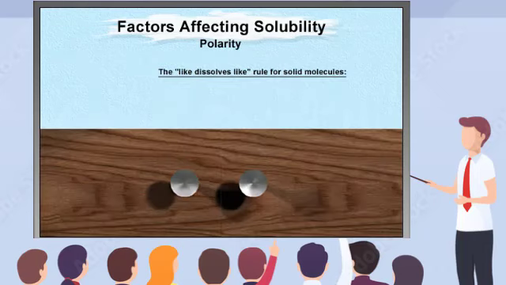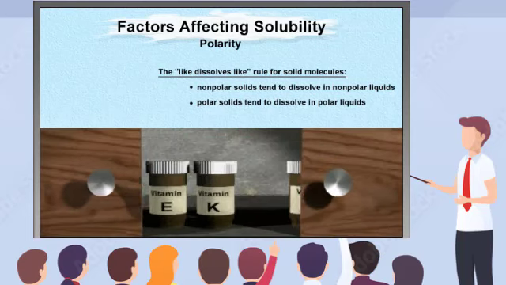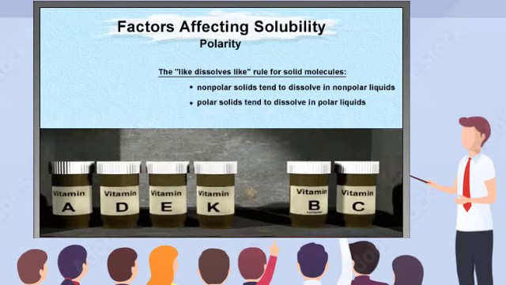The like dissolves like rule also applies to solutions of molecular solids dissolved in liquids. Nonpolar solids tend to dissolve in nonpolar liquids, and polar solids tend to dissolve in polar liquids. Vitamin tablets provide an excellent example of the like dissolves like rule.